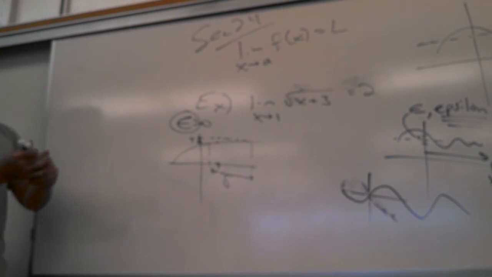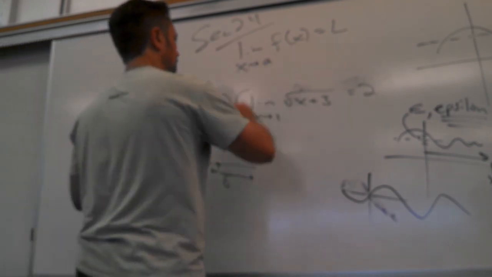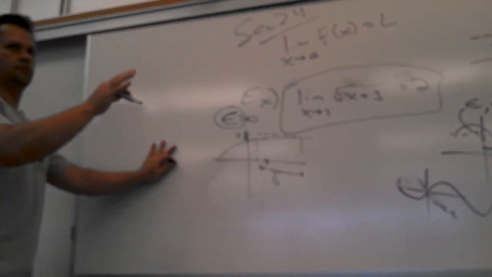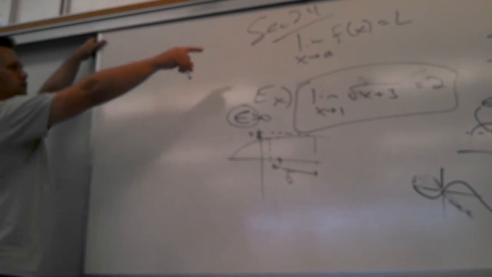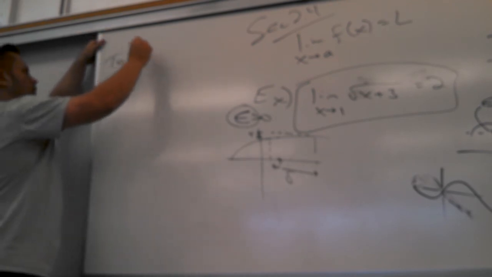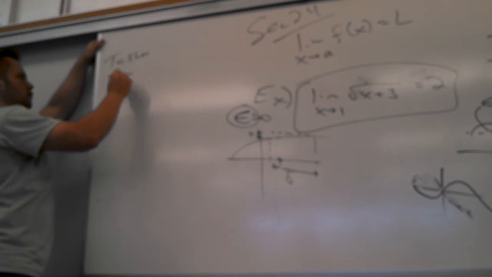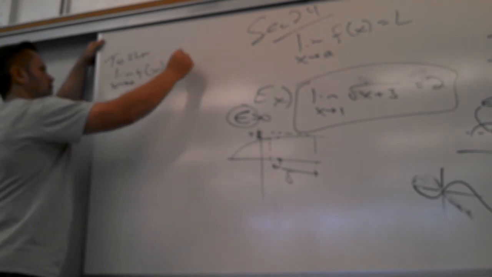How do you find the absolute value of what? Oh, yeah. So the last thing I'll say, and we'll do this example next time, is the official setup to show that the limit is that.